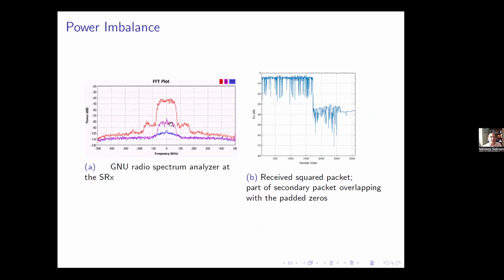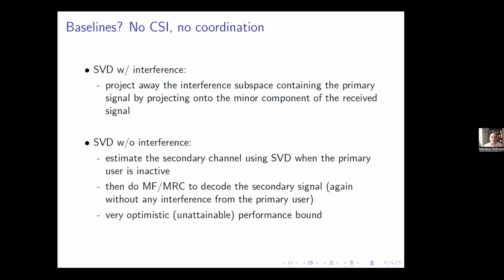So you see it is around -80 dB at the receiver side. And the red is the primary, which is -40 dB. So you see the power difference. This is for transmission power of -20 dBm. So there's a tremendous power difference between primary and secondary, which normally makes it very, very hard to decode the secondary. That's another illustration of the same thing. The two are not perfectly aligned in time, so the primary transmits with significant but not complete overlap.